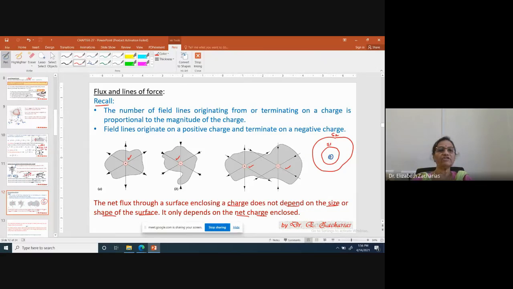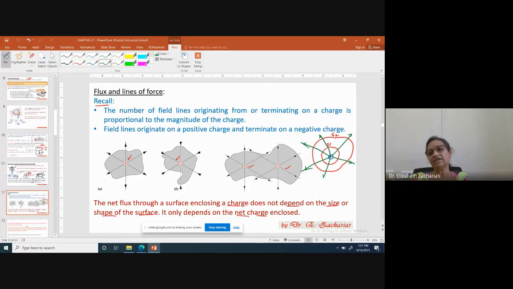Okay, now I draw the field lines for these. Let's say I've drawn 6 lines. 6 lines is not a golden rule. Just like that, I drew 6. That's all.